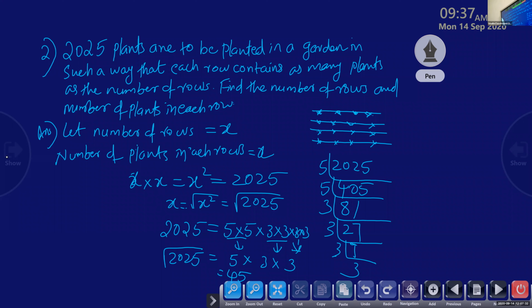So the answer is: number of rows is equal to 45.